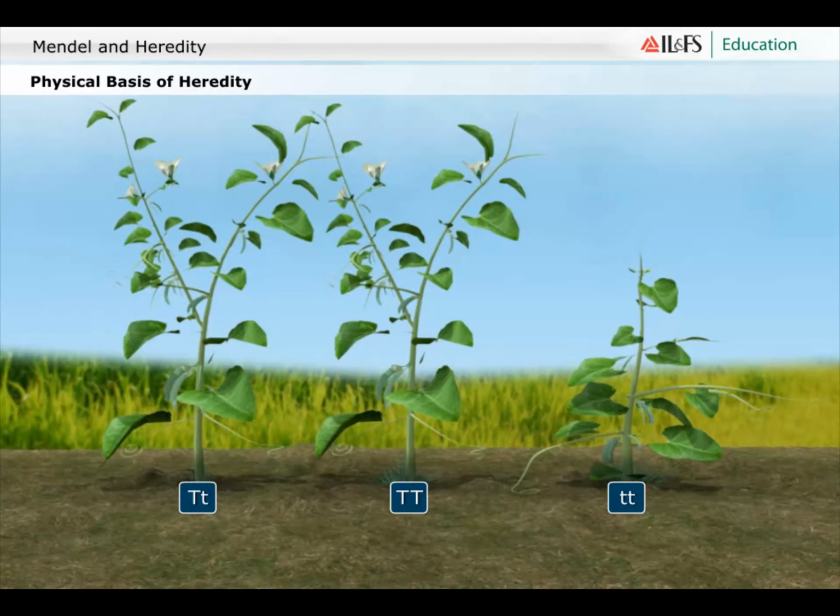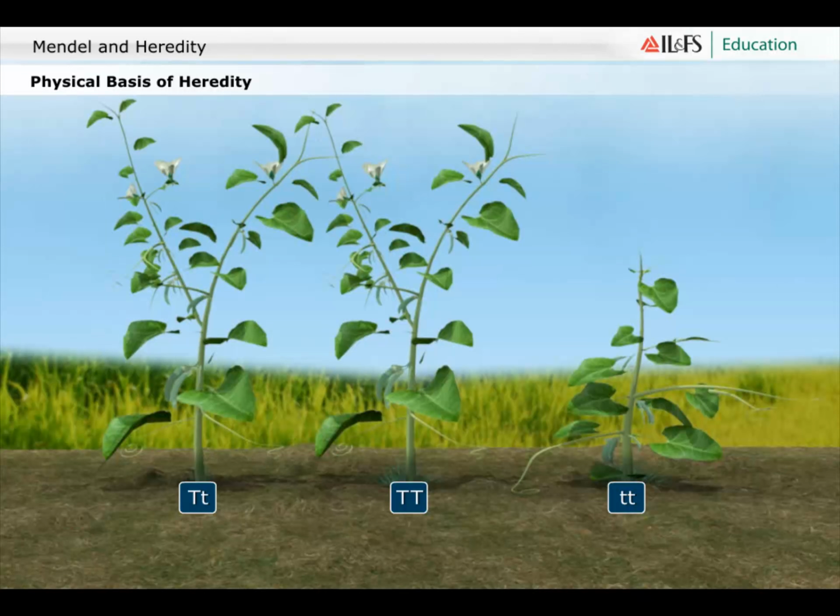Now in the example shown here, there are 2 tall plants. They have the same height, but see their genetic makeup for tallness is different. One is capital TT and the other is capital T, small t, while for shortness the genetic makeup is shown as small tt.